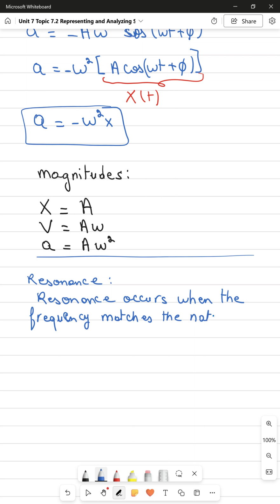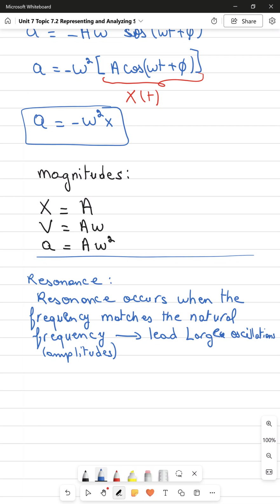Each material has its own natural frequency. In that case, this will lead to large oscillations, or you can say large amplitudes.